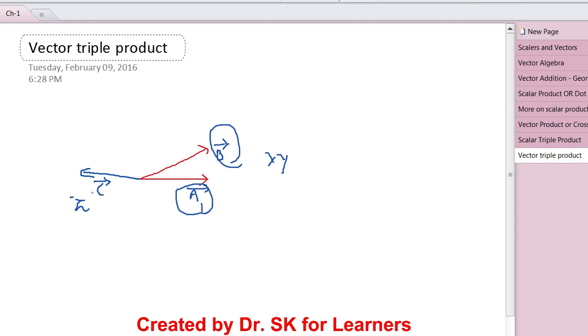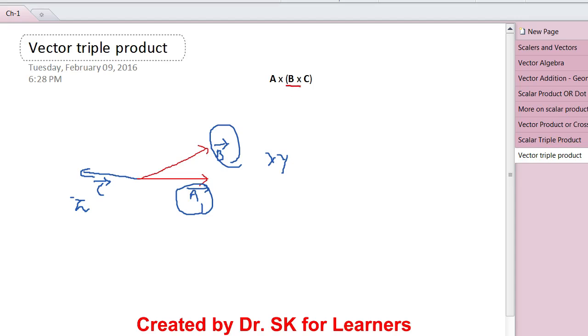So if you try to see the triple product here, A cross B cross C, remember these are boldface characters so that you know that these are vector quantities. So there are three vectors.